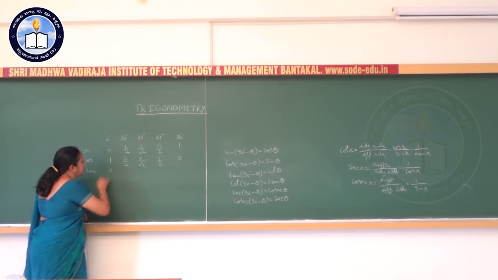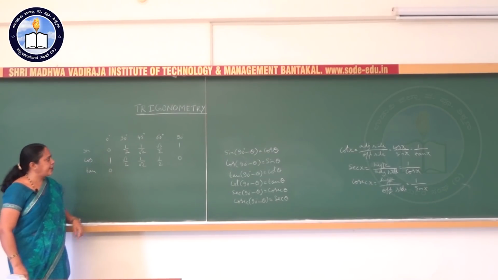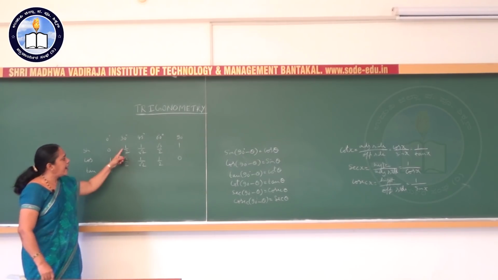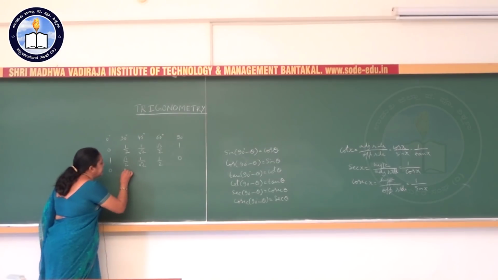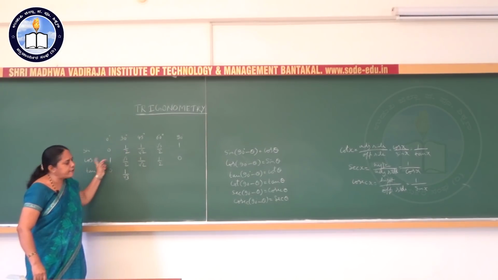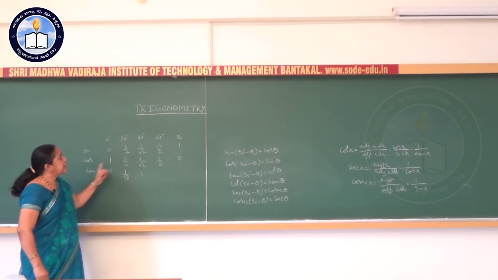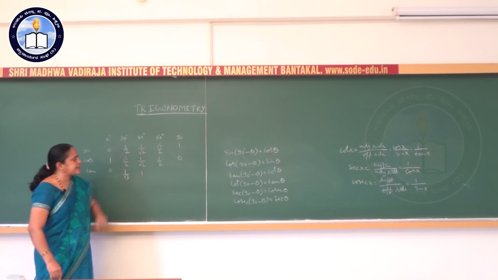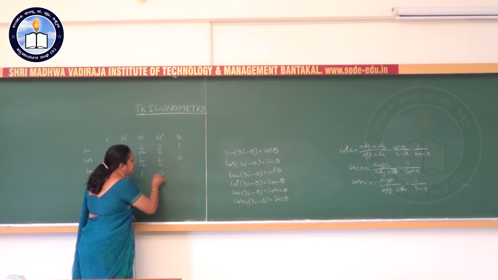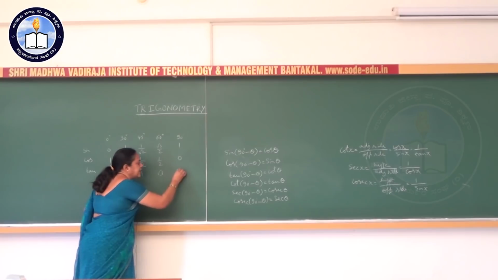Tan 0 is sine 0 by cos 0, that is 0 by 1, 0. Tan 30, sine 30 by cos 30, half divided by root 3 by 2, is equal to 1 by root 3. Tan 45 is sine 45 by cos 45, that is 1. Tan 60 is sine 60 by cos 60, root 3 by 2 divided by 1 by 2, it's nothing but root 3, and tan 90 degrees is not defined.